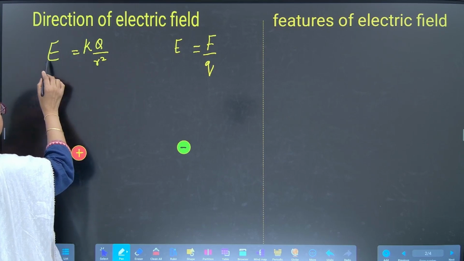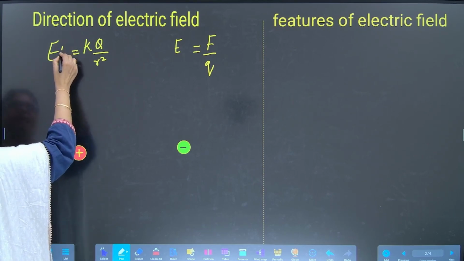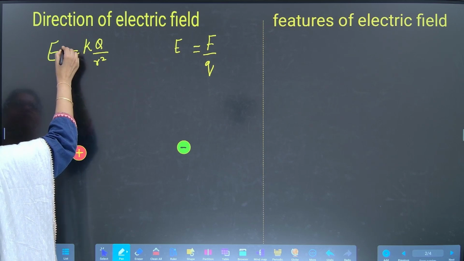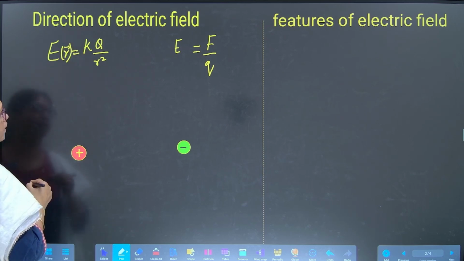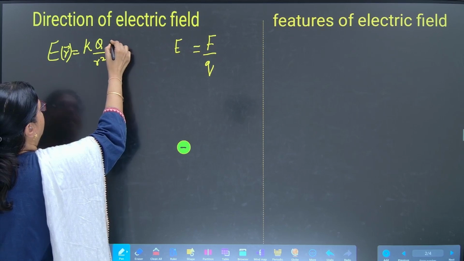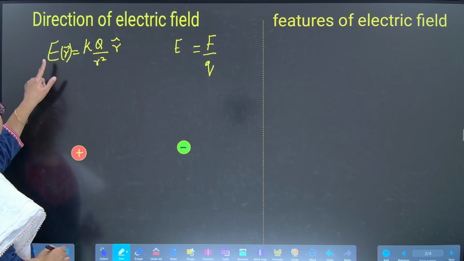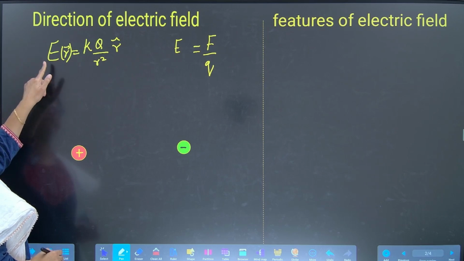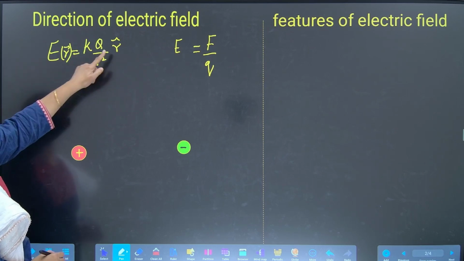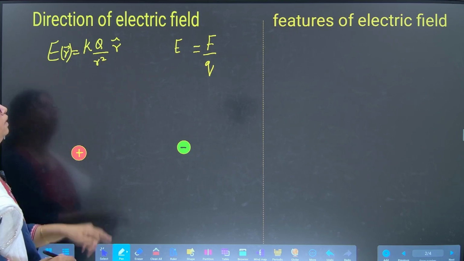As you can see, E is inversely proportional to R square. So it means that E is a function of R, that means depends on R, and here I write R unit vector, which means that electric field is a function of R, and R is a unit vector representing the direction of electric field.